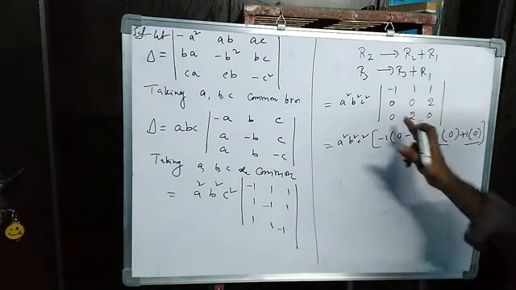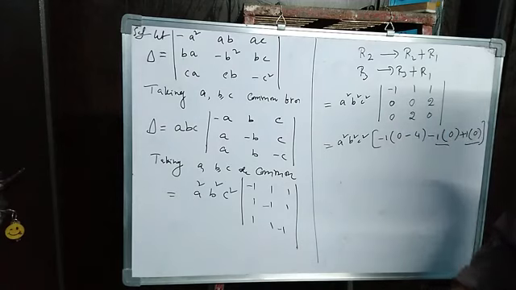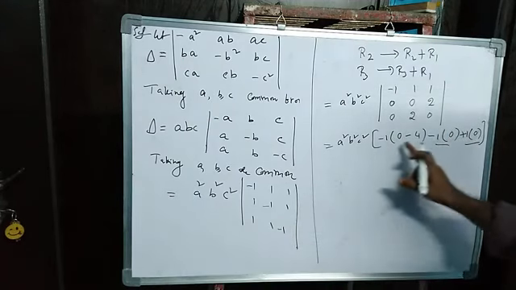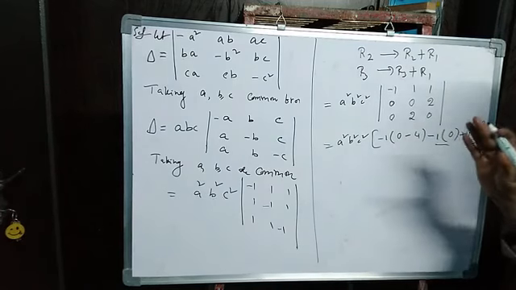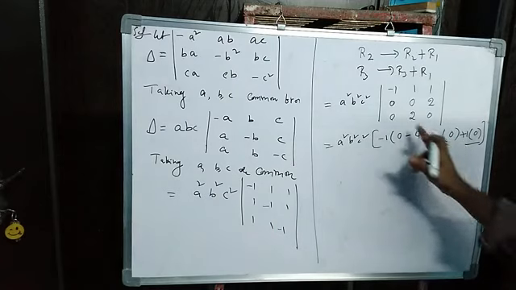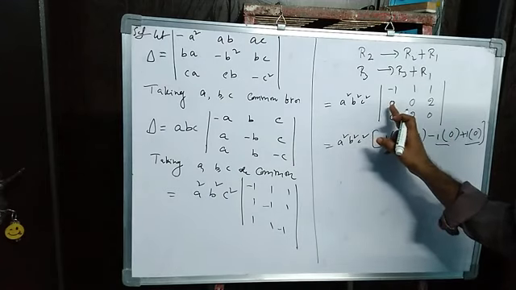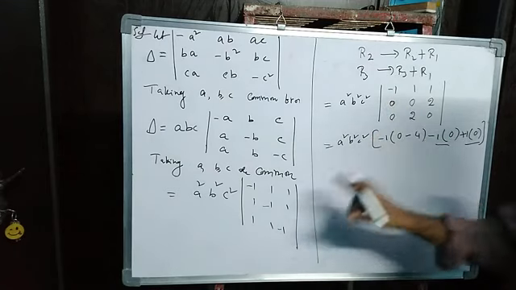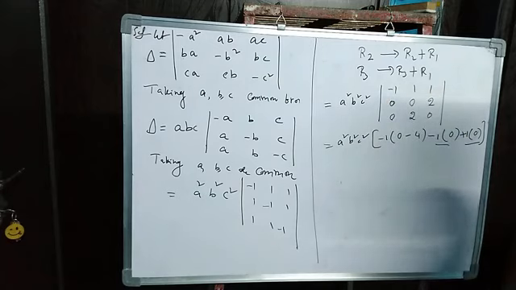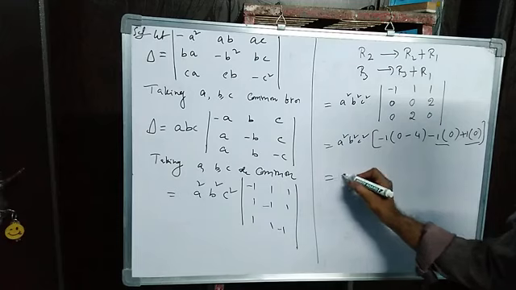That means when you expand this determinant, it becomes easy to solve. We have to change by using some operations so that here and here are zeros, or here and here also we can make zeros, no problem.